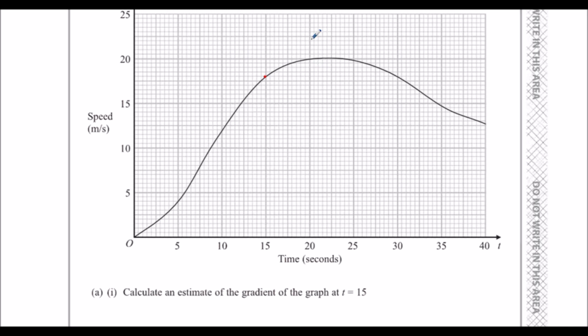So in order to do that, we draw a tangent. So a straight line that touches this point, just touches it and doesn't go through it. So let's try and get this right. I'm going to draw the line. I just need to move it so it's a tangent.